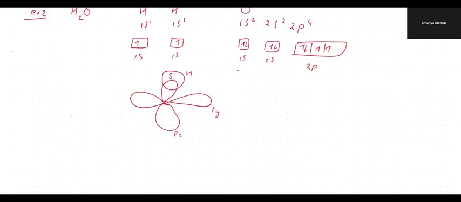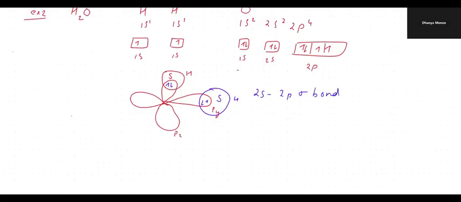Here, py will overlap with the 1s orbital of hydrogen, to give what? 2s, 2p sigma bond. How many are there? 2 of them.